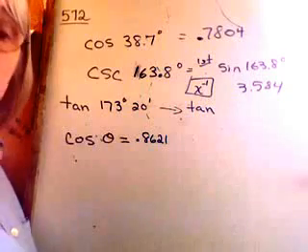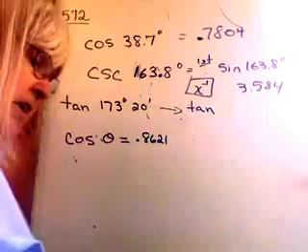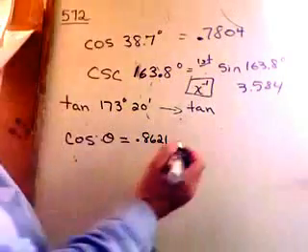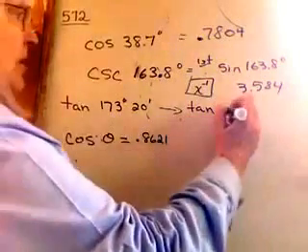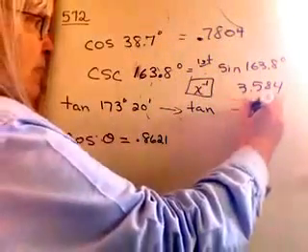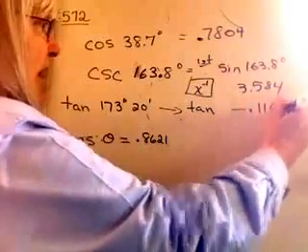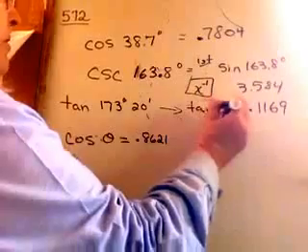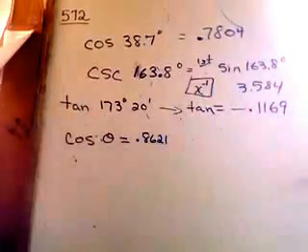That should work just fine. And the answer is negative 0.11688. So the answer is negative 0.1169. I have to round up because it was 688. So there's the answer for tangent of 173.20.